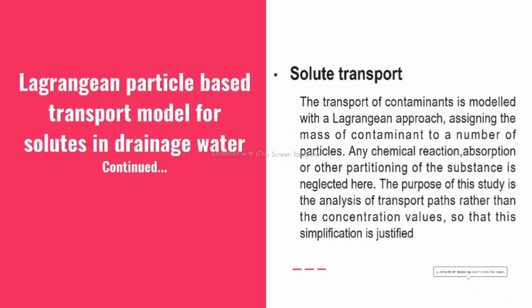Another main function of the Lagrangian particle-based transport is associated with dissolved transport. The transport of contaminants is modeled with the Lagrangian approach, assigning the mass of contaminant to a number of particles. Any chemical reaction, absorption, or other partitioning of the substance is neglected here.